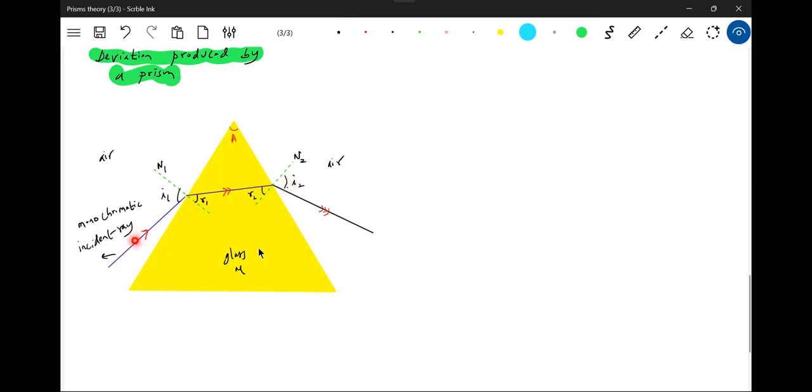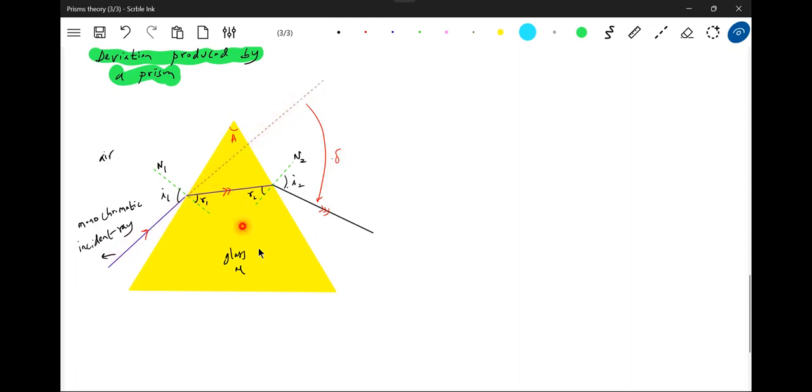So what will happen to the ray now? Did it undergo any deviation? Yes, it did. This is the deviation. Delta is what I'll use for deviation. In the absence of the prism, the ray would have just traversed this dotted line path.